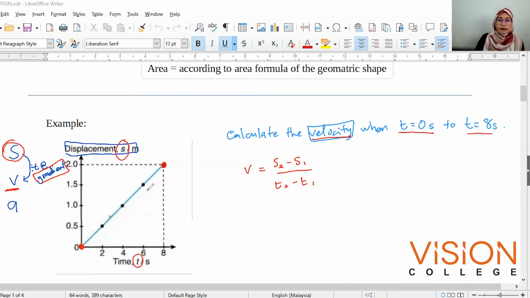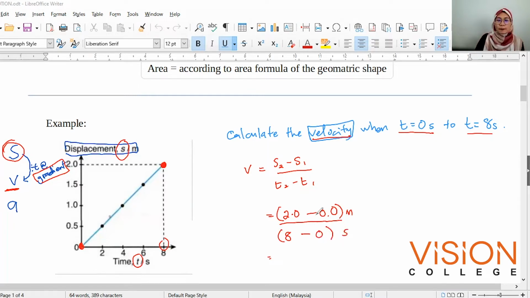Since I know the points here, how do I find the velocity? S2 is the second point here, 2.0 meters, minus S1, which is 0 meters, over time. The second point here, the time is 8 seconds, minus 0 seconds.